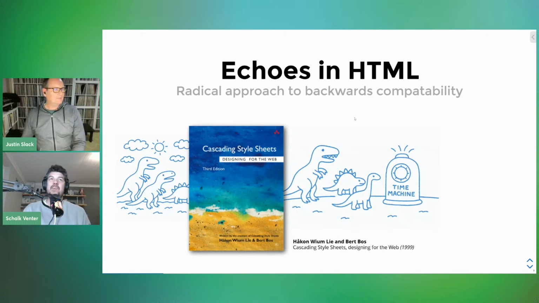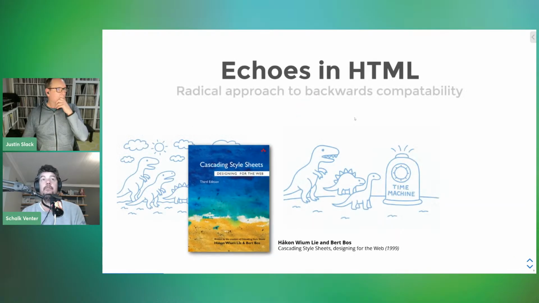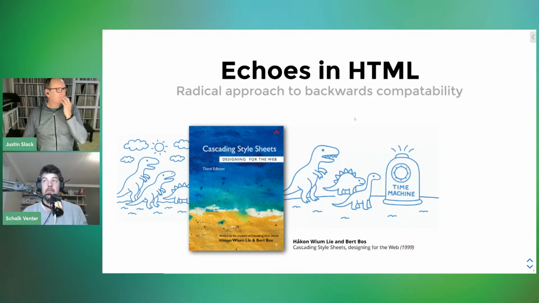I think this is a really great time machine to get a sense of what the general mind share and sentiment was around the web before 2000, because a lot of that still echoes in the HTML and CSS that we use today.